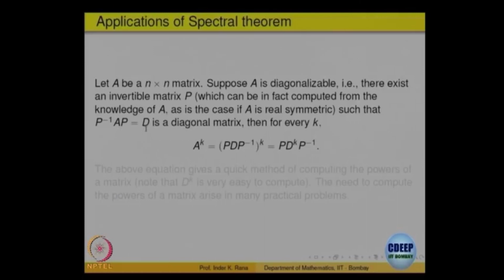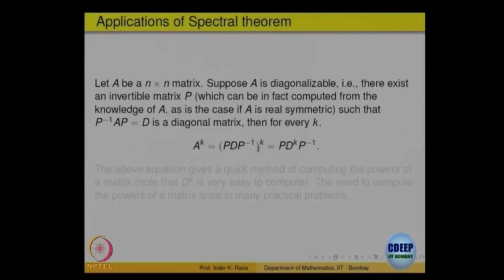If this is equal to D, then what is A equal to? From this equation, multiply on the left side by P and on the right side by P inverse. So, you get A is equal to P D P inverse. So, what is A to the power k? It is P D P inverse to the power k. Now, when you expand it, what happens?